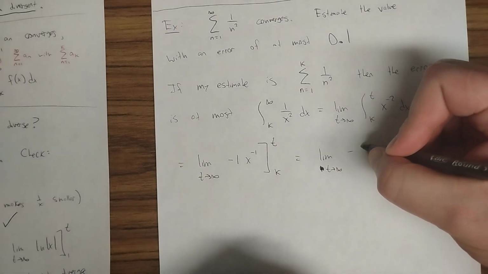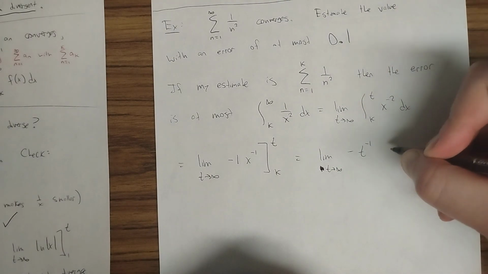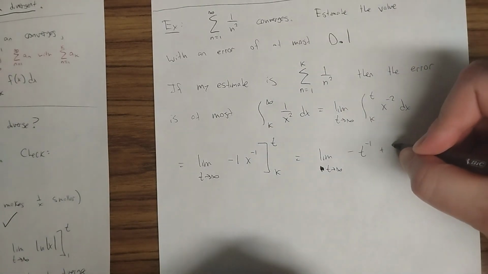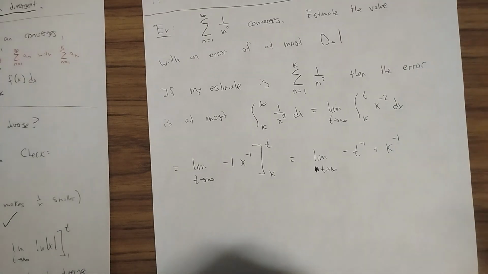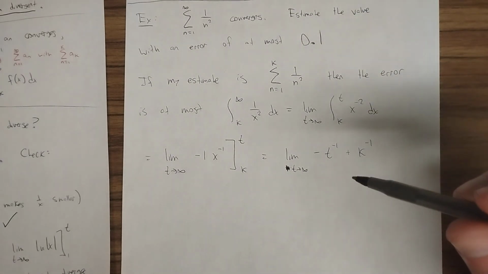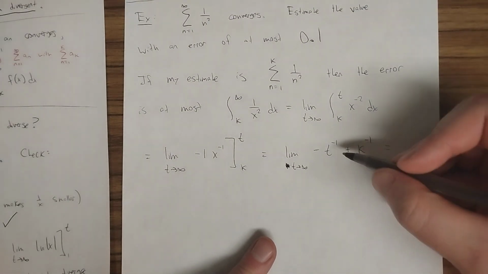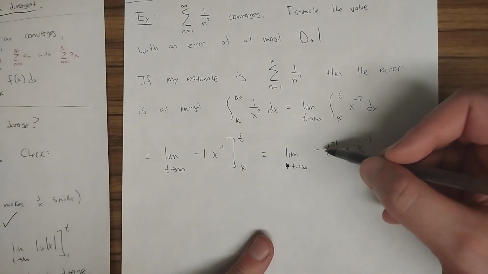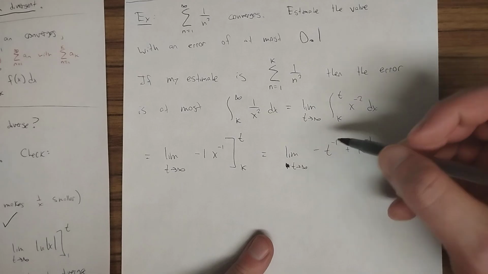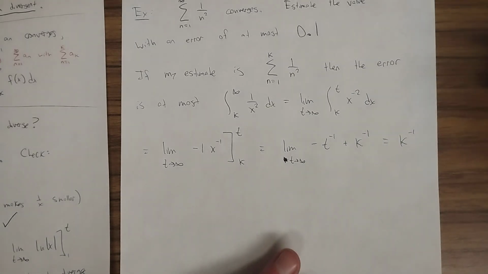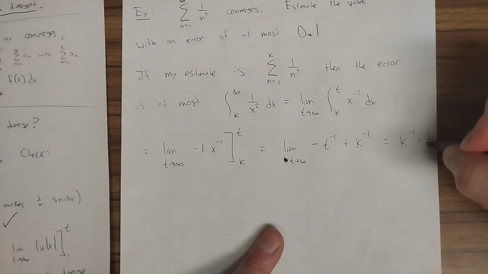So this is negative t to the -1, and then I would subtract, so it's going to be plus k to the -1. Of course, t to the -1 as t goes to infinity is like 1 over t, so this part goes to 0. So in the end, I just get k to the -1, or 1 over k.